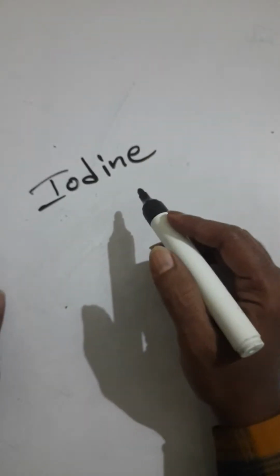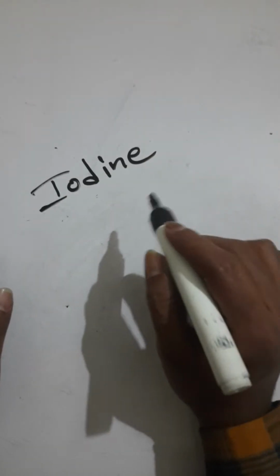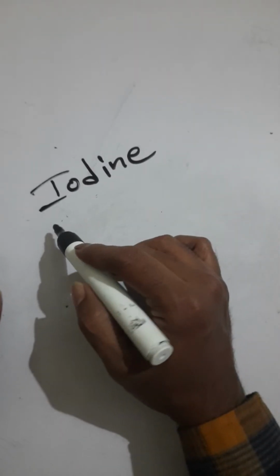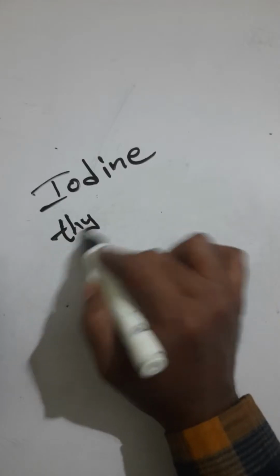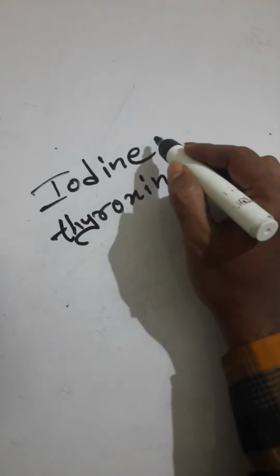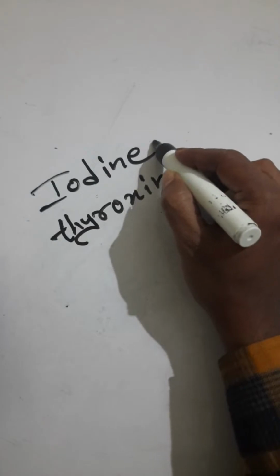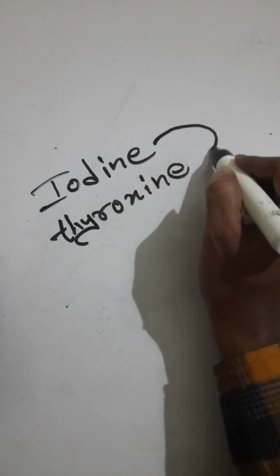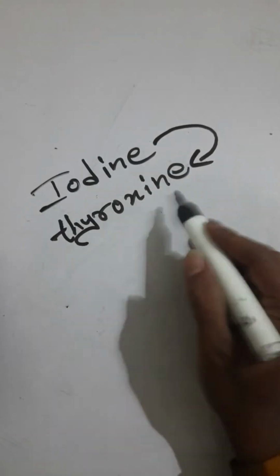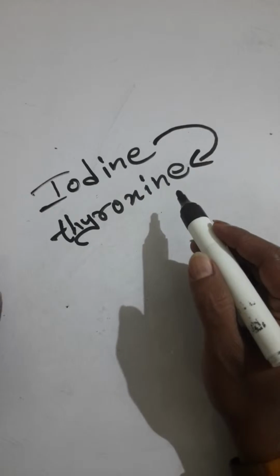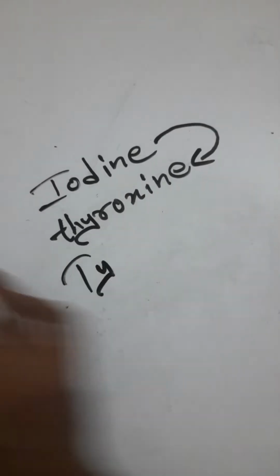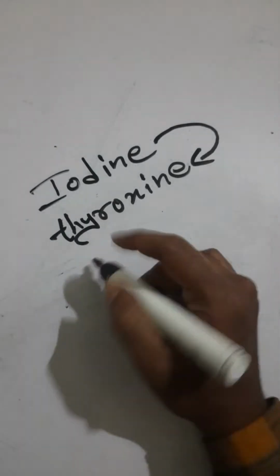This iodine from iodized salt is absorbed in our body, which helps in the formation of thyroxine, the hormone secreted by the thyroid gland.